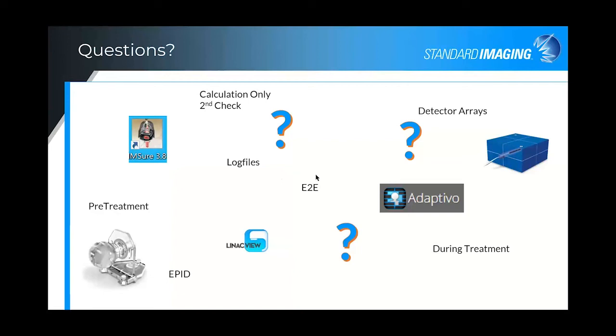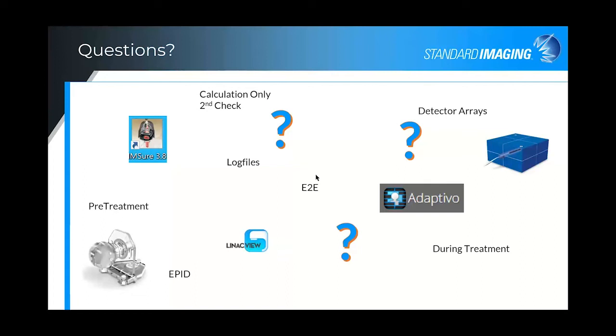Please outline the main differences in the use of LinacView versus Adaptivo. So LinacView is log file only based, and it's fluence based. All the comparisons are going to be 2D, so you're comparing the desired plan, the perfect plan, the ideal plan, to what was actually delivered on the Linac based on the leaf and jaw positions and the monitor unit delivered.